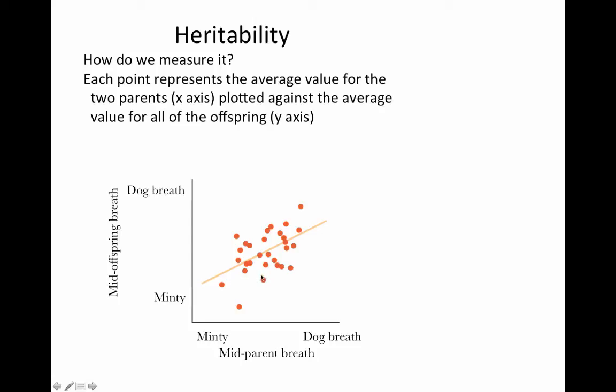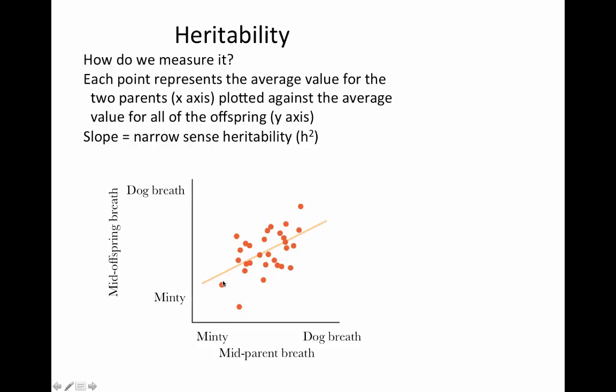Okay, so this point is one set of parents and all their offspring represented. So what we would expect is that parents with really bad stinky dog breath give rise to offspring with really bad stinky dog breath, and parents with nice minty fresh breath give rise to offspring who also have nice minty fresh breath down here.